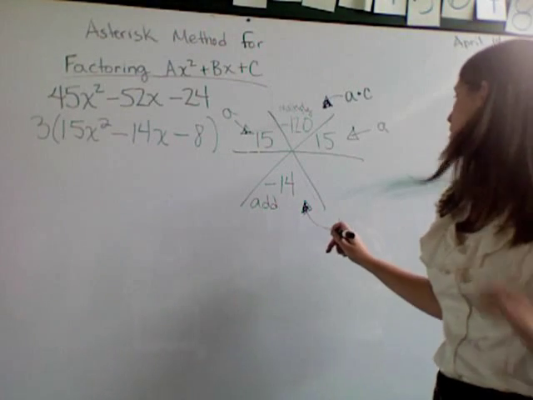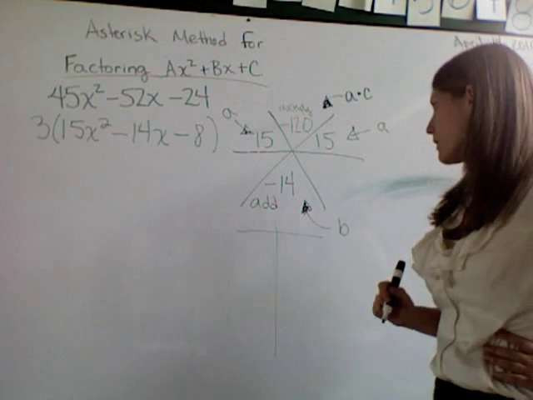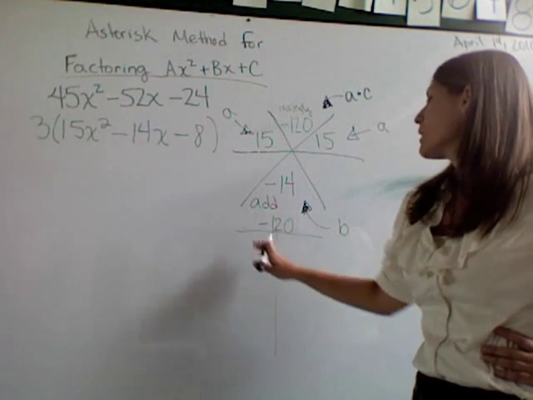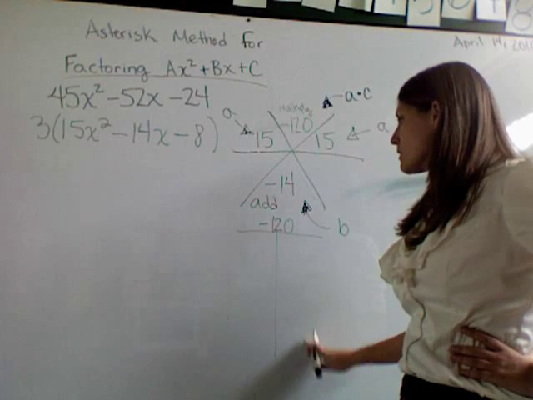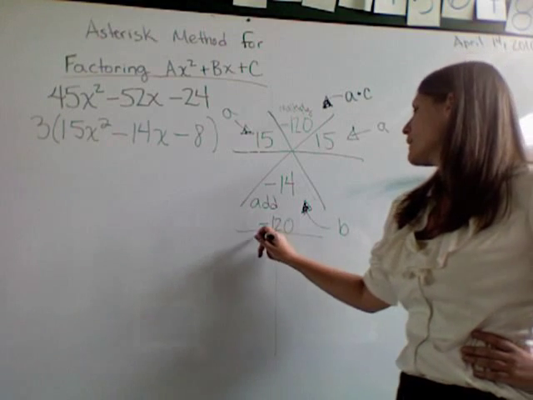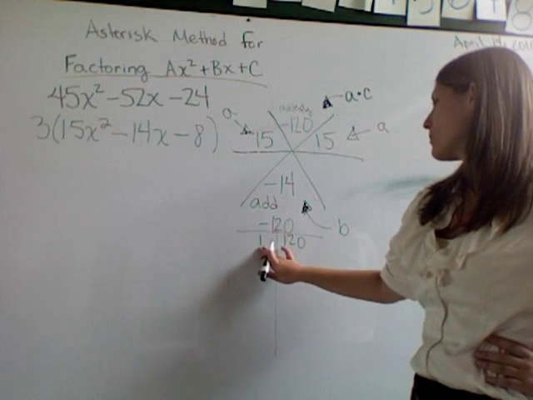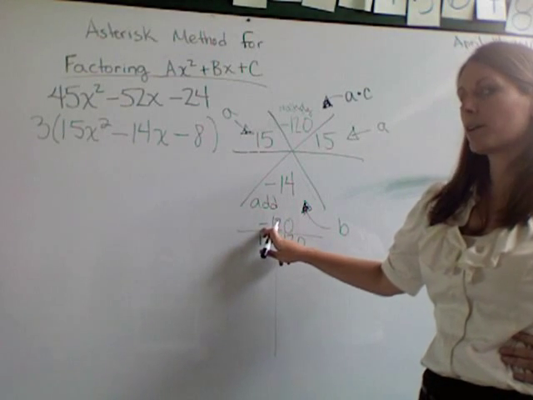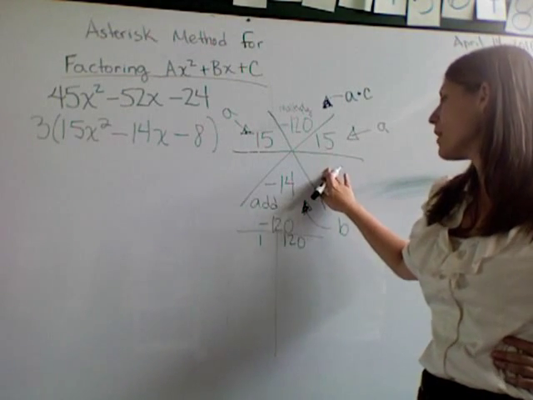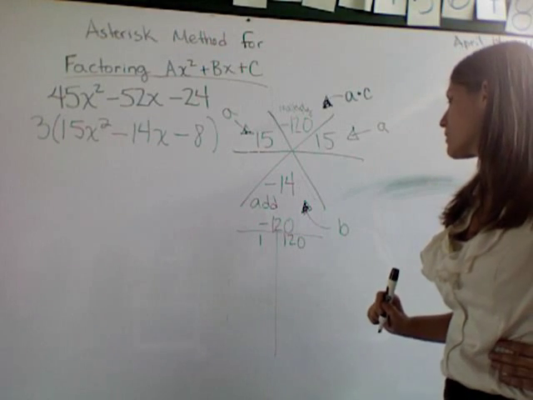Well, to do this, it's helpful to draw a little factor chart here and put negative 120 on top. Now we'll write down all the factors until we find a pair that when we add them, we get negative 14. I like to start with 1 and move on from there. Here I'm just going to write the positive numbers, but I'm going to remember that in the final, when I finally write down the factors in my spots, one of them is going to be negative, because that's how I'm going to get to multiply to negative 120.